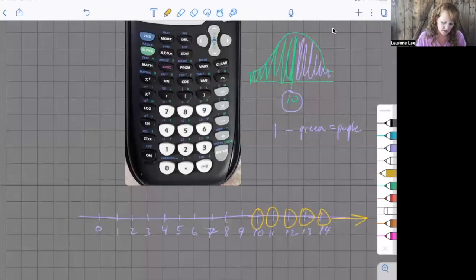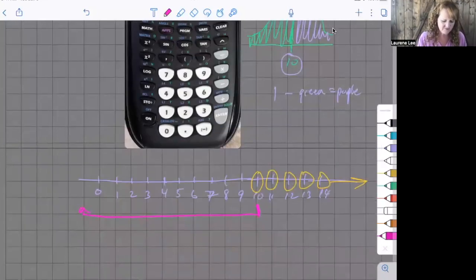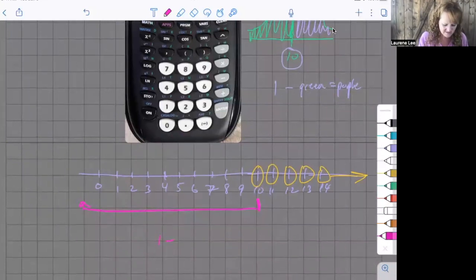So if you enter 10, that's going to take this one and all of these. And then if you go 1 minus your x equals 10 value, that's going to give you the remainder, which is 11 and up, because you subtracted off the 10. And you don't want to do that.